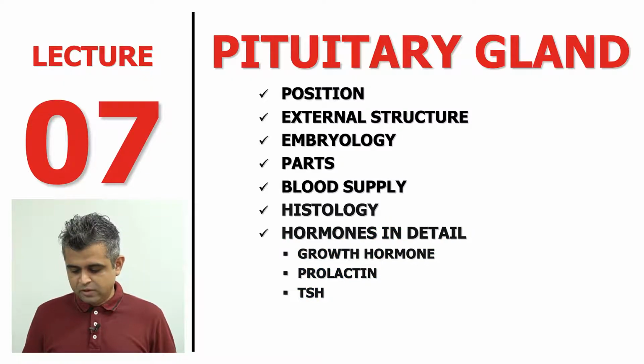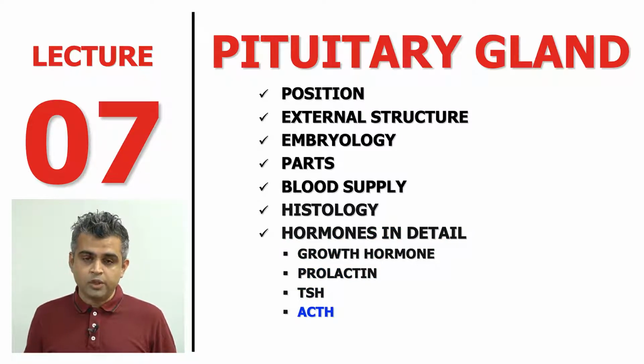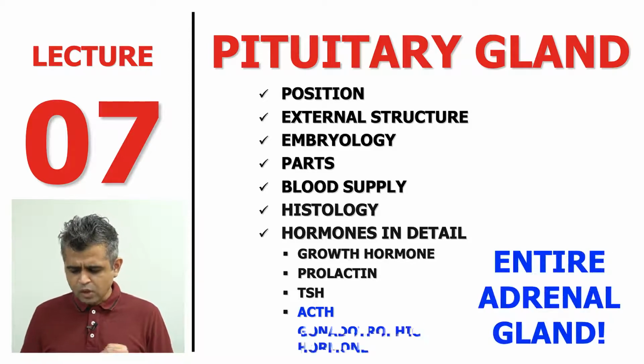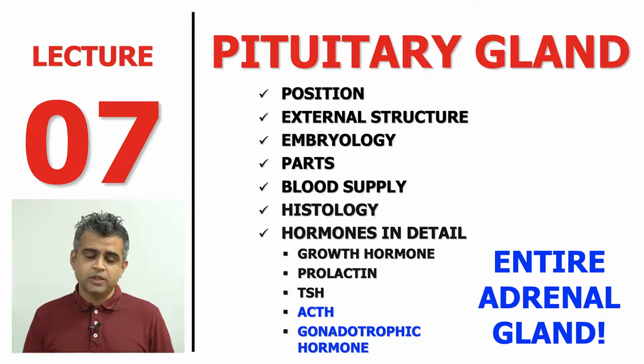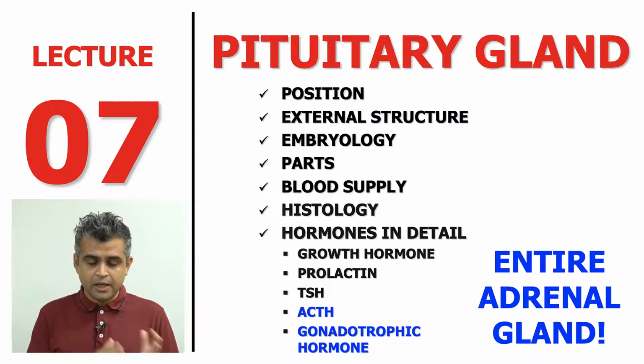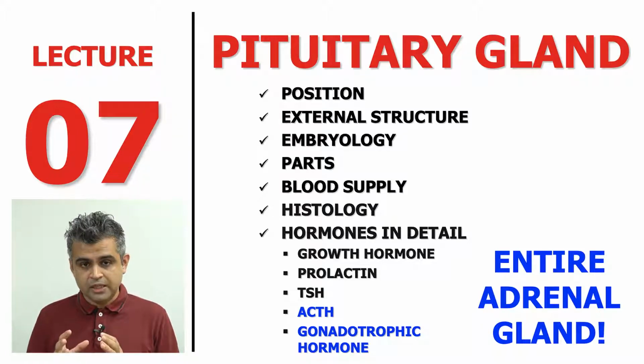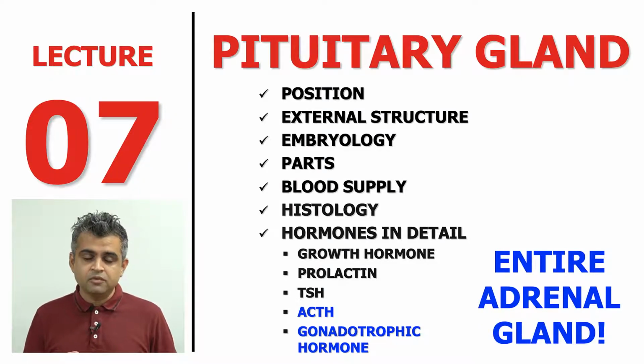In lecture number 7, we continued with adrenocorticotrophic hormone and we did little bits of gonadotrophic hormone, and while we were doing this, we also finished the entire adrenal gland. So as of today, we have finished off the hypothalamus, we have finished off the entire adrenal gland, but we are yet to finish the pituitary gland, which I am hoping that we will complete today.